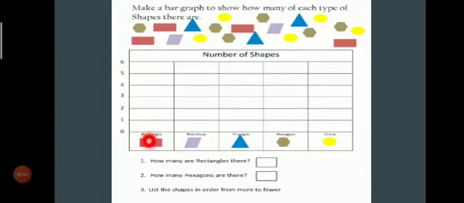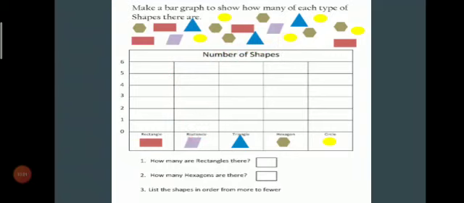Look at here. The first one is rectangle. How many rectangles are there? 1, 2, 3, 4. You have to color the boxes from 0 till line 4. It means there are 4 rectangles. After that, there is a rhombus in purple color. Count the rhombus, 1 and 2.